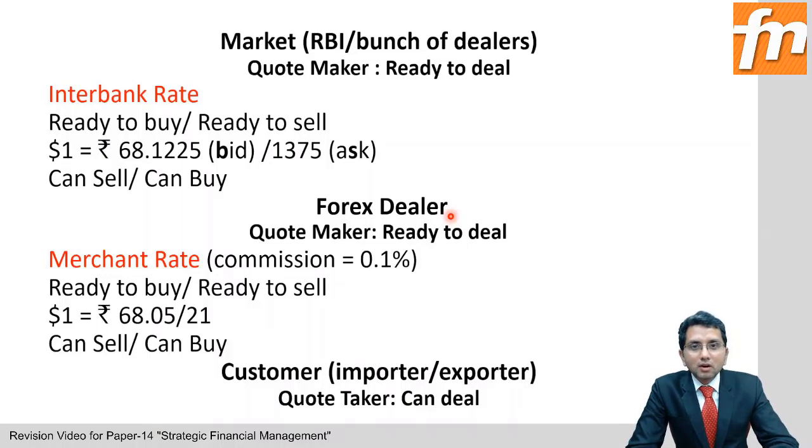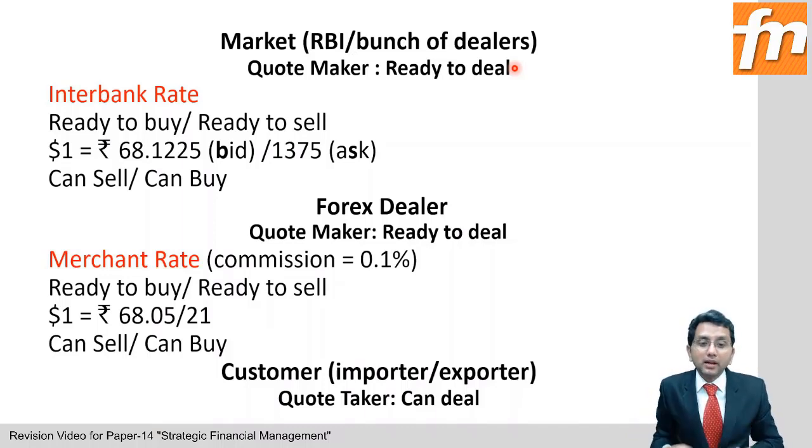Now, foreign exchange dealer does not maintain stock of dollar, euro, pound, yen, etc. Foreign exchange dealer will simply approach the market and ask, will you sell me $1 million? So customer asks the dealer, and now dealer is asking the market. Market says, okay, we'll sell it expensive.